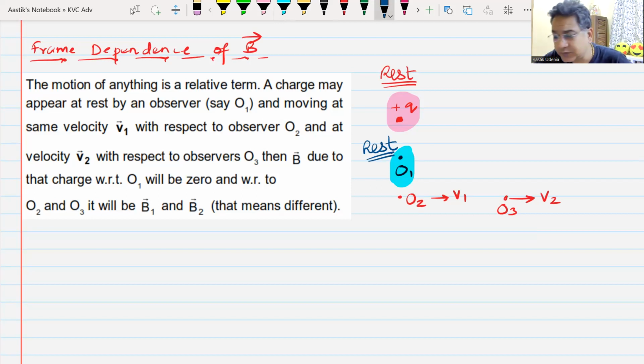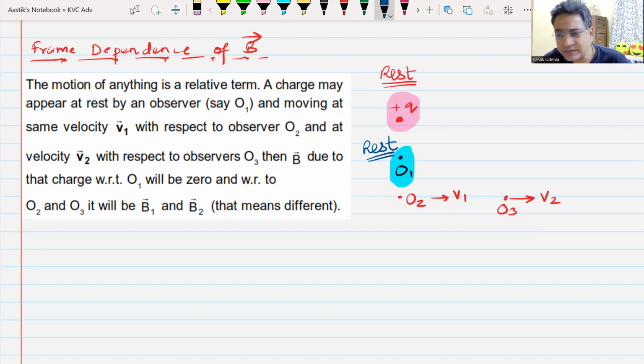O1 observer is looking at the charge. What will he see? What is this charge creating? Electric field. Electrostatic field would be a better way to say. For O1, the charge only creates electrostatic field.